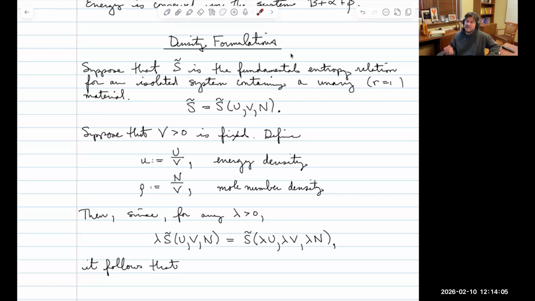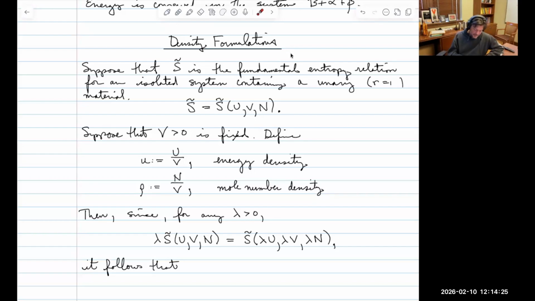Now we're going to do the same thing with the volume that we did with n. We're going to imagine a fixed volume V, and instead of molar values of quantities, we're going to define densities, the amount of that stuff per unit volume.